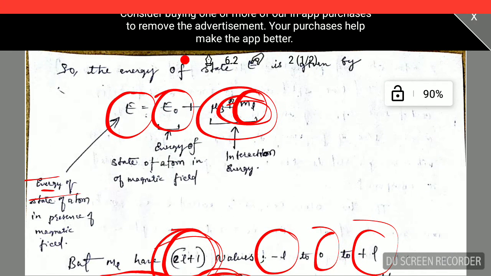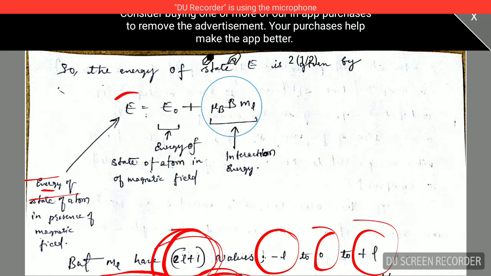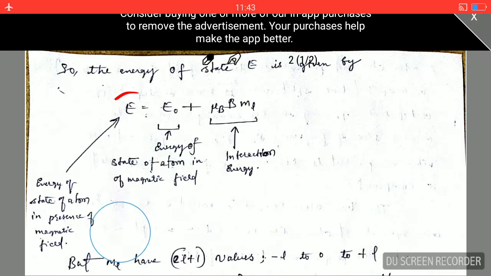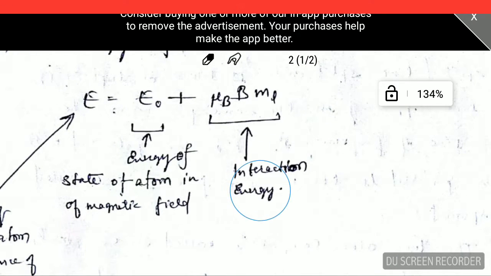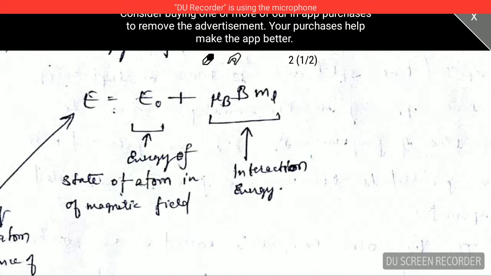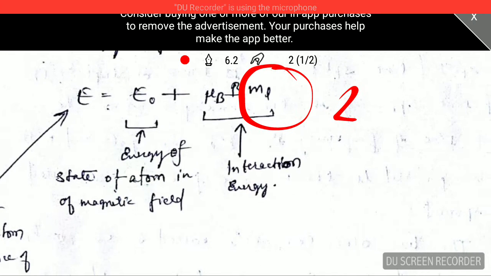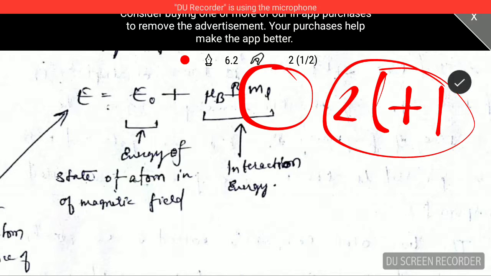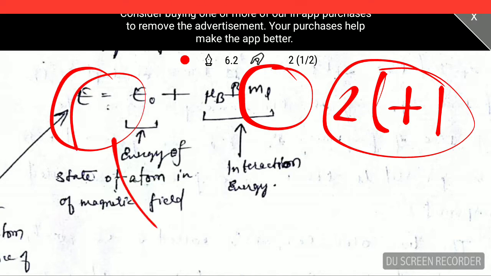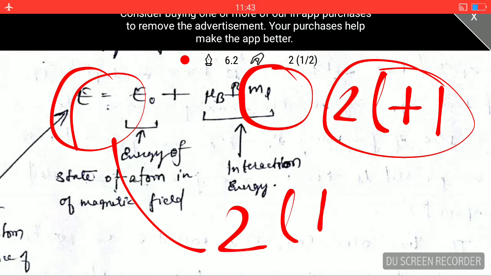As I have explained, the associated quantity ml has 2l plus 1 values, so that means this energy E will also have 2l plus 1 values.